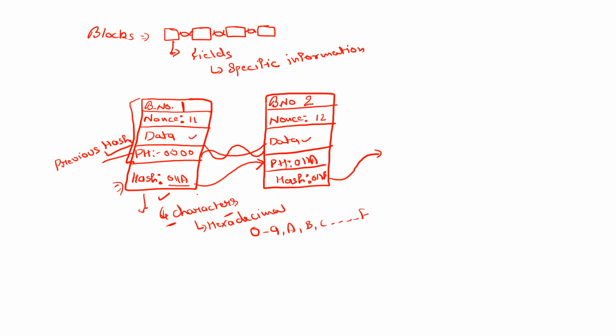Moreover, with the help of the nonce, we get the value of the hash in one particular domain. Domain means, we already know the concept of domains, that the US has its own domain, India has its own domain. In the same way, for the hash value, we have domains, right?